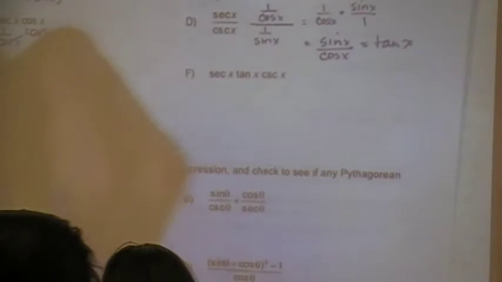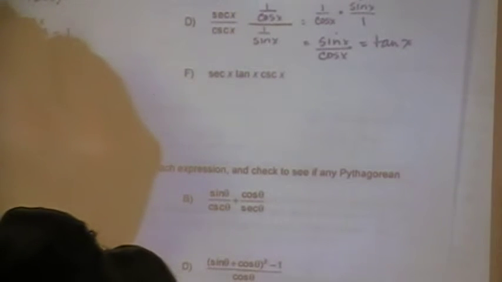Okay, so sine x and cosine x get to stay the same because they're already in terms of sine and cosine. We'll rewrite tangent as sine x over cosine x. And this time, I have a cosine on top that cancels with a cosine on bottom.